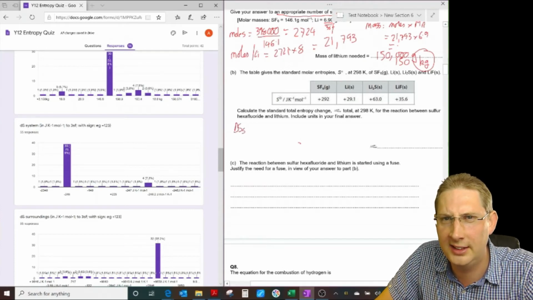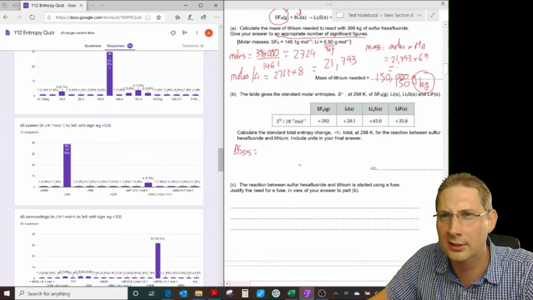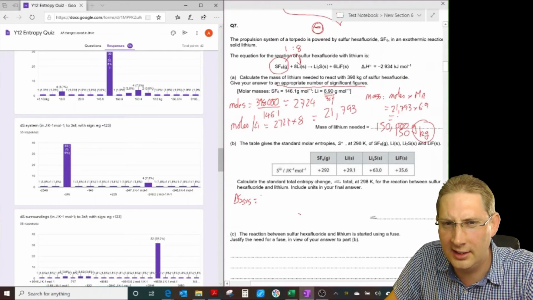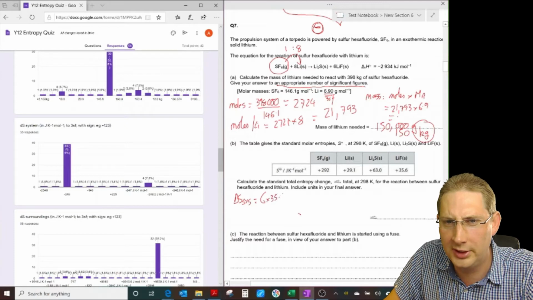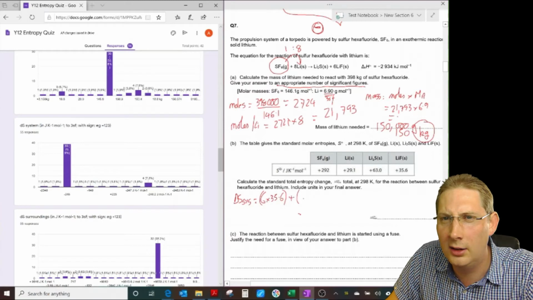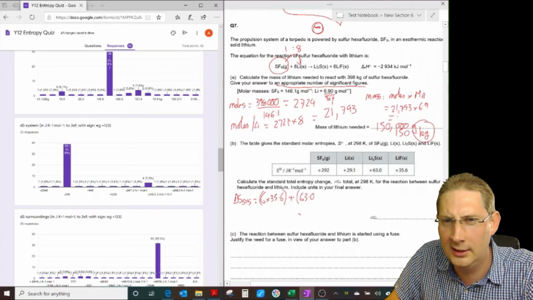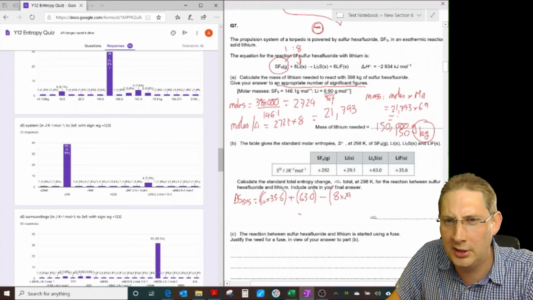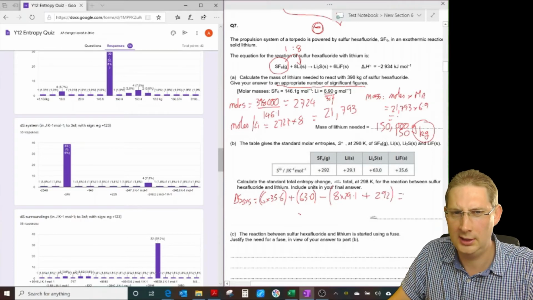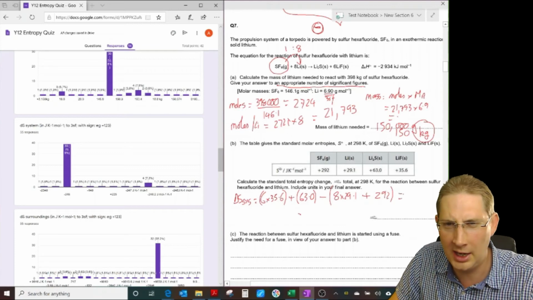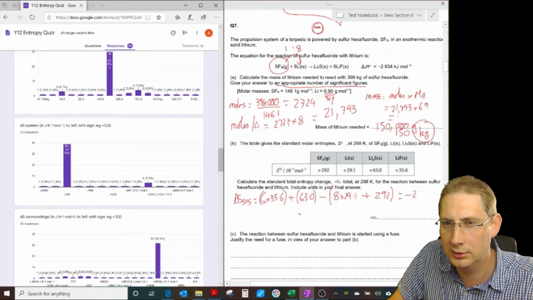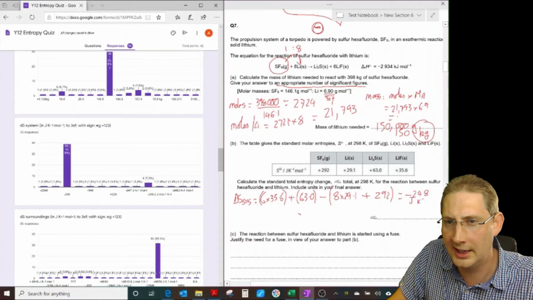Right, well, delta S system is 6 lithium fluoride, 6 times 35.6, plus just one of those, 63, minus 8 lithiums, 8 times 29.1, plus 292. And that equals minus 248 joules per Kelvin per mole.